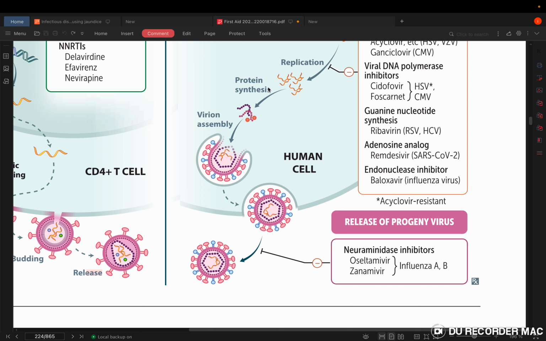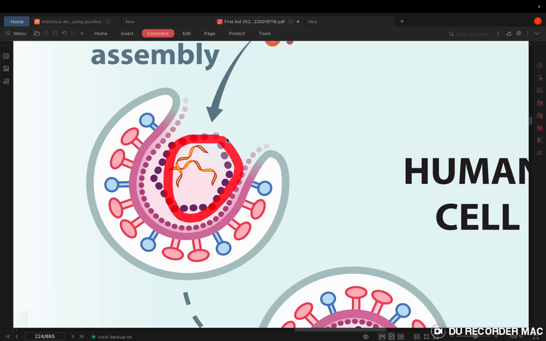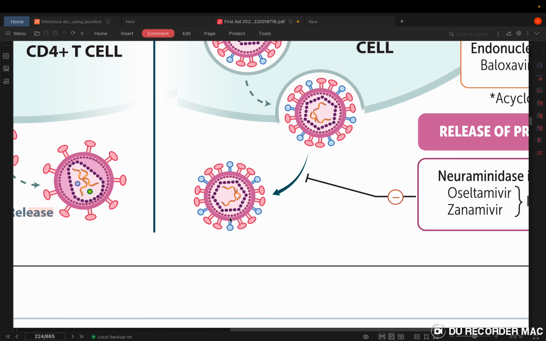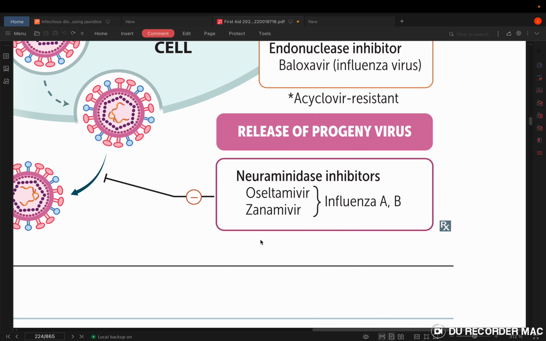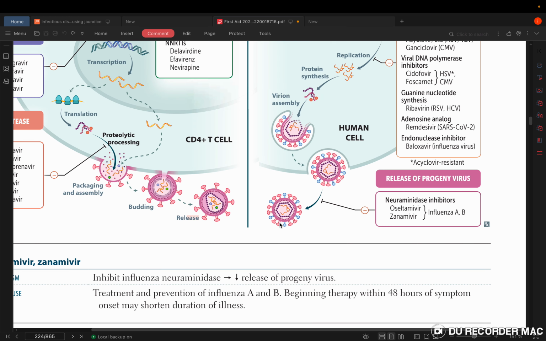Okay, anyway, let's say that we have new protein synthesis. We made some protein. After that, this protein that has been synthesized will create this capsid, as you can see, and create the virions again. And that virion can be released. Some drugs can lead to decreased release of the virion, including oseltamivir and zanamivir.